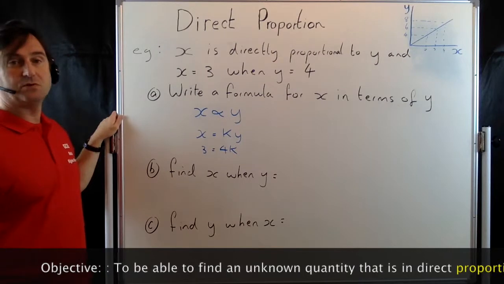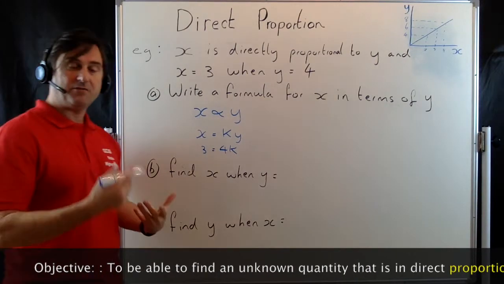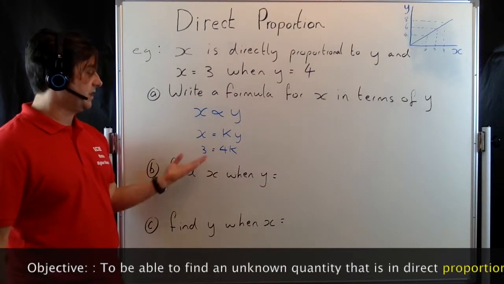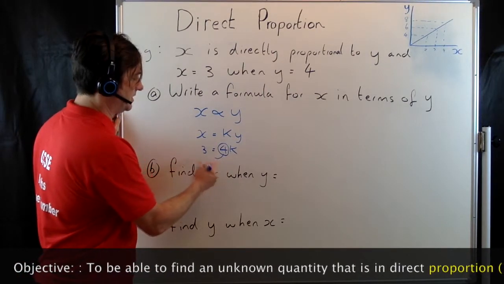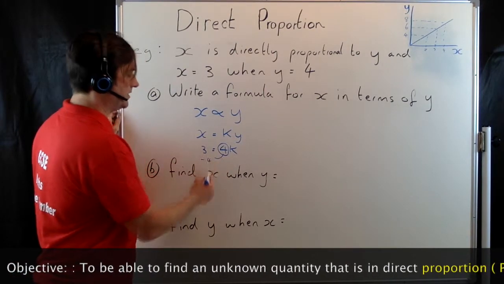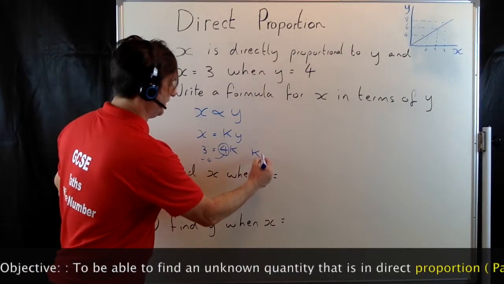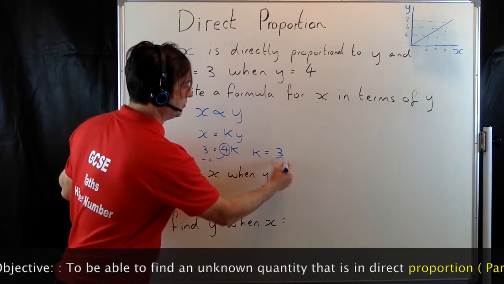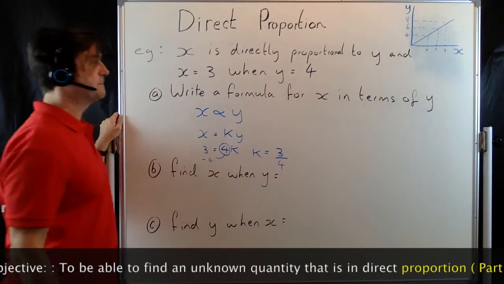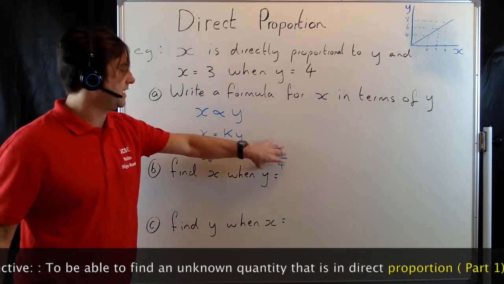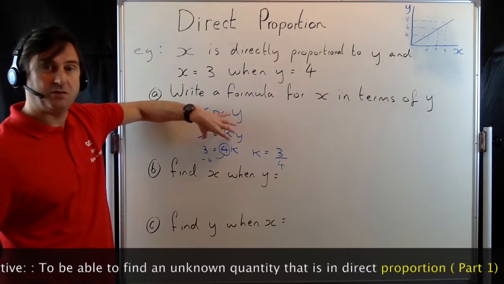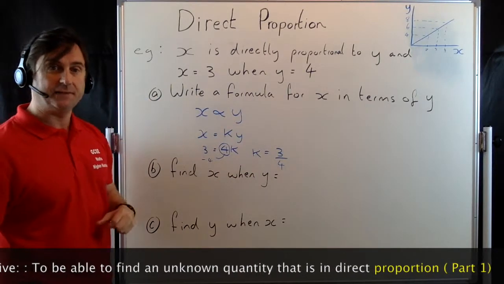So 3 equals 4K. Now with a little bit of rearranging here, we can find out what K is, because all I need to do is take my 4 over to the other side and divide by 4. So that's going to give me my value of K equals 3/4. Now to finish off the formula, I just need to put this value of K back into this formula that I started writing down here.